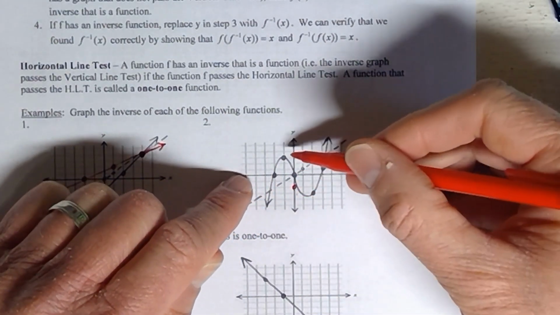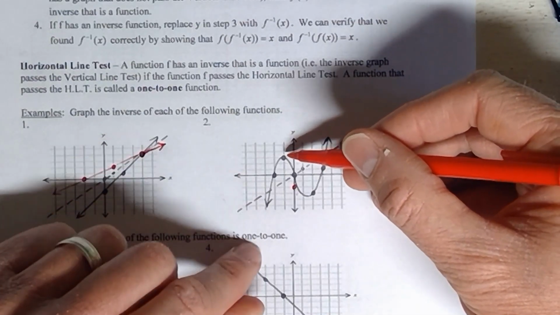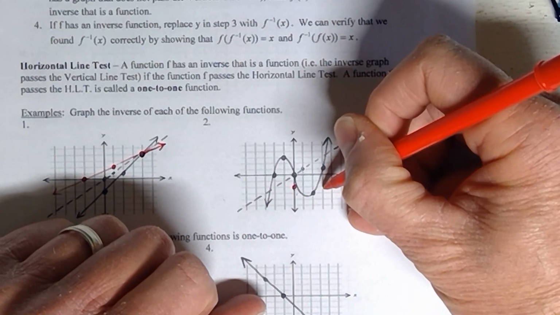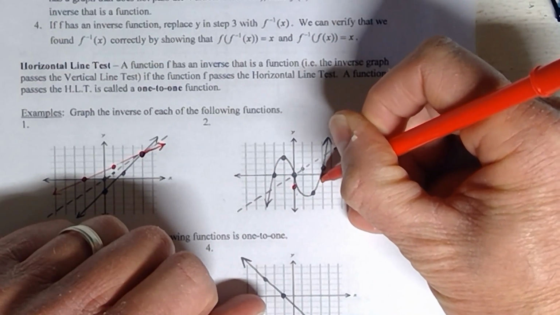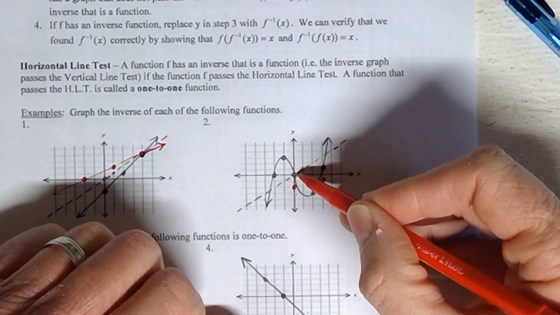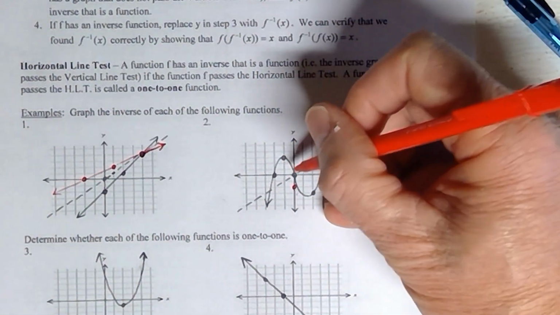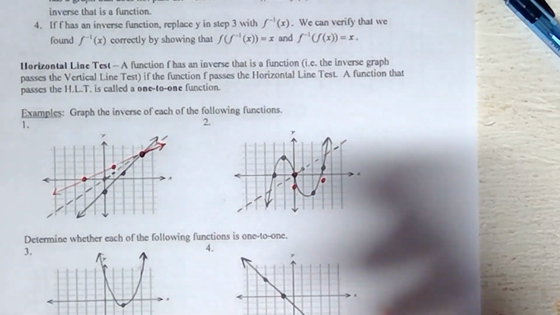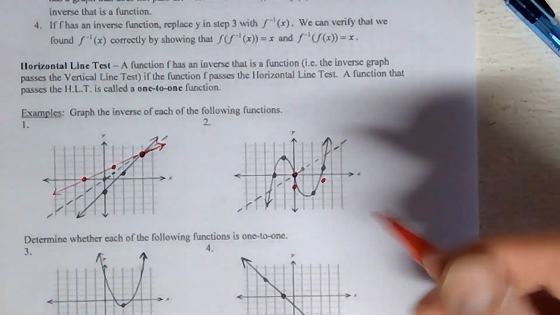Let's go to the next one. This one right here originally was negative 1, 3. So on the new graph, it's now going to be 3, negative 1, like that. This point right here is 0, 0. So if you flip-flop that, obviously that's still going to be 0, 0, right? So that point will not only be on the original graph, but also on the inverse graph.